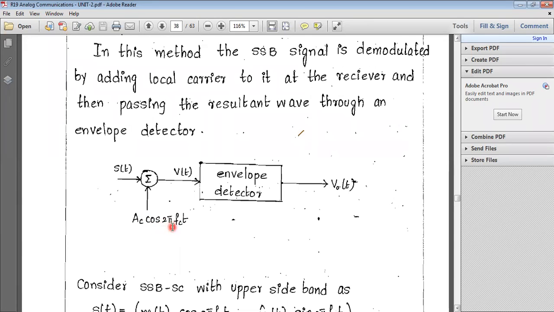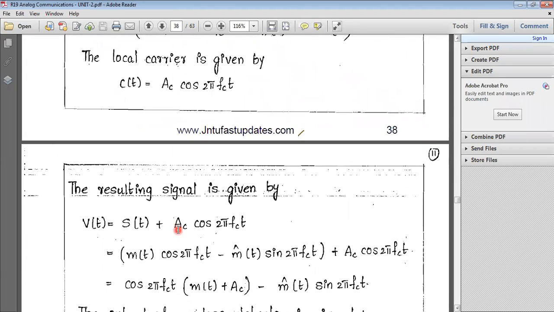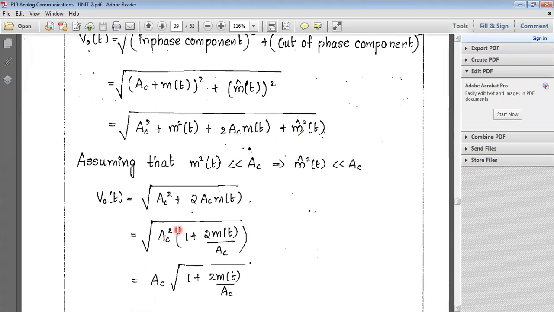Here also, the carrier phase and frequency must be equal to the transmitted carrier signal phase and frequency. Otherwise, we got distortion. We must maintain the same phase and frequency as the transmitted carrier signal. Otherwise, we got distortion. This is also a drawback of this circuit.